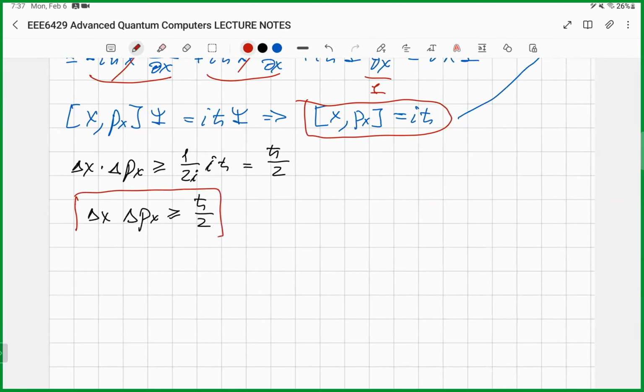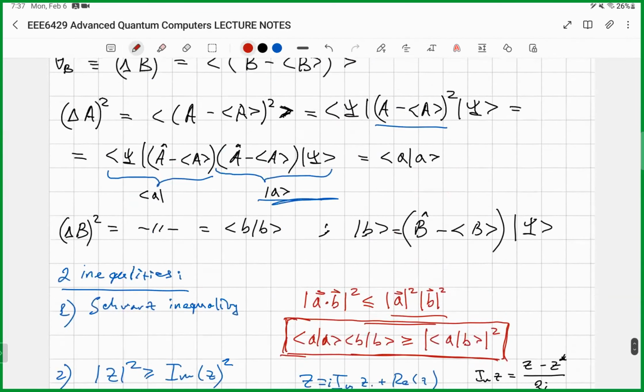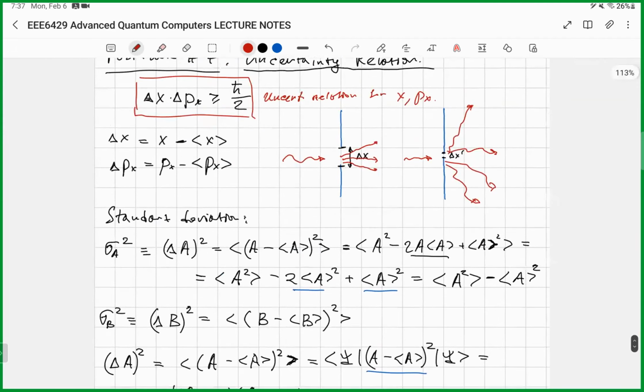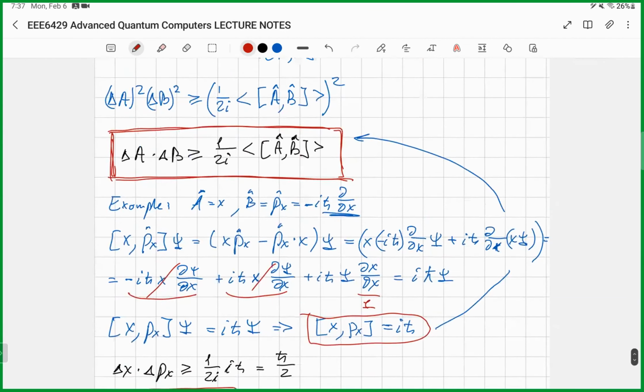This is the formula we started this discussion with. It's a very important one, because this formula allows you to calculate the uncertainty principle for any two quantities whose operators don't commute.